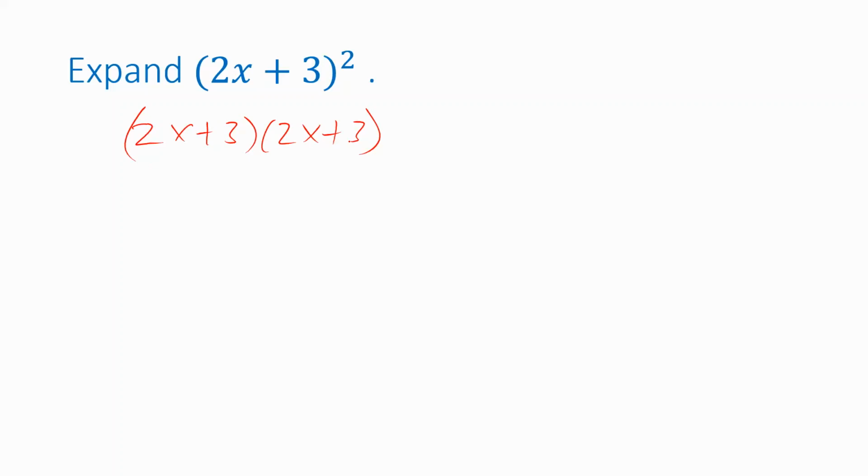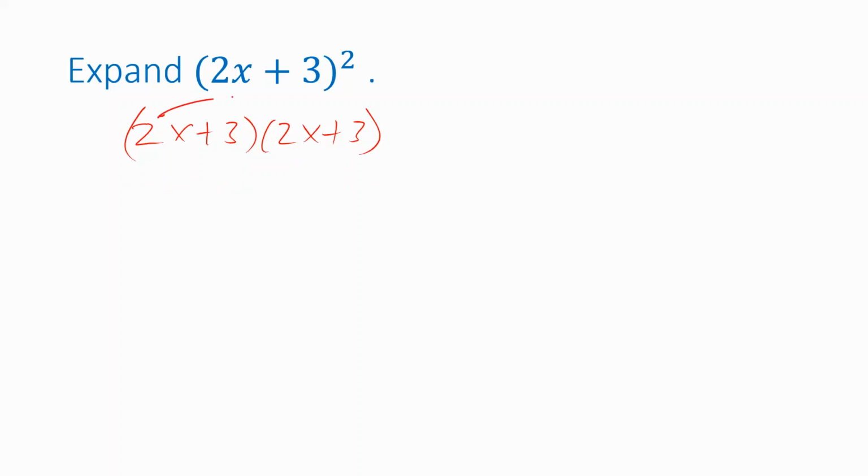In the previous example, we did the distribution one step at a time, where I took the first quantity in parentheses and distributed that whole thing to each of the terms inside the second set of parentheses. And then I had to do more distribution after that. This time I'm going to show you how you can do all the distribution at once. Remember, everything in the first set of parentheses is multiplying everything in the second set of parentheses.